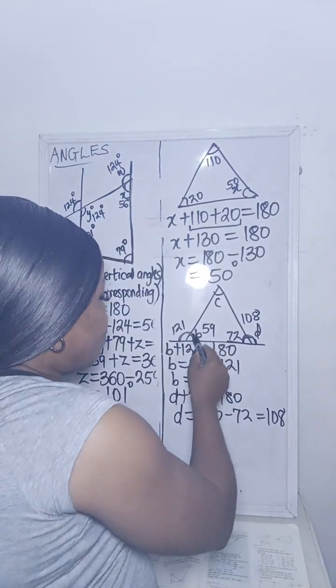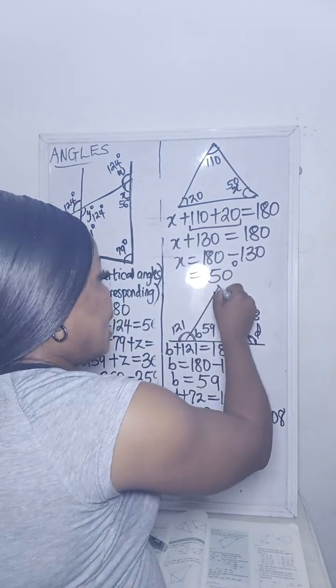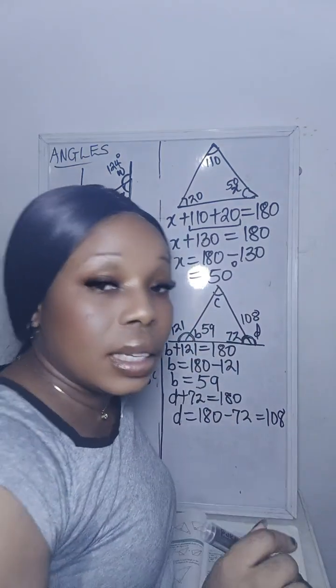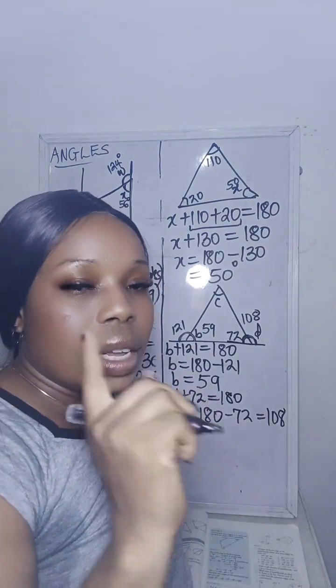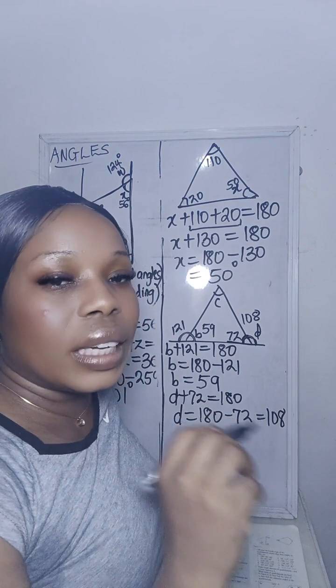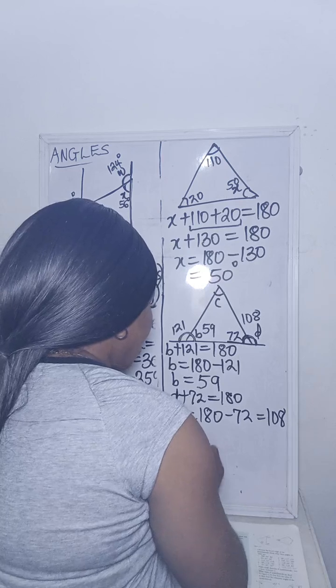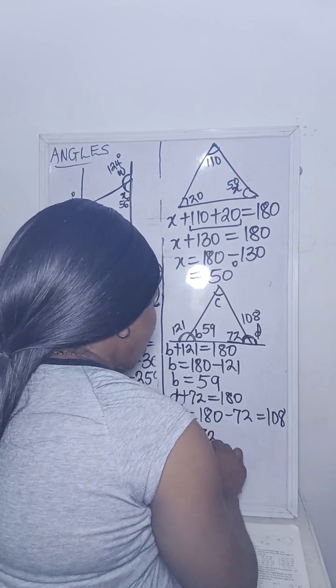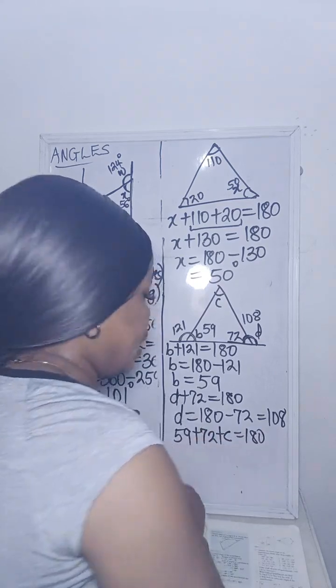So now that I have my value for B and I have 72 here, I can get my value for C because the sum of angles in a triangle equals 180. So 59 plus 72 plus C equals 180.